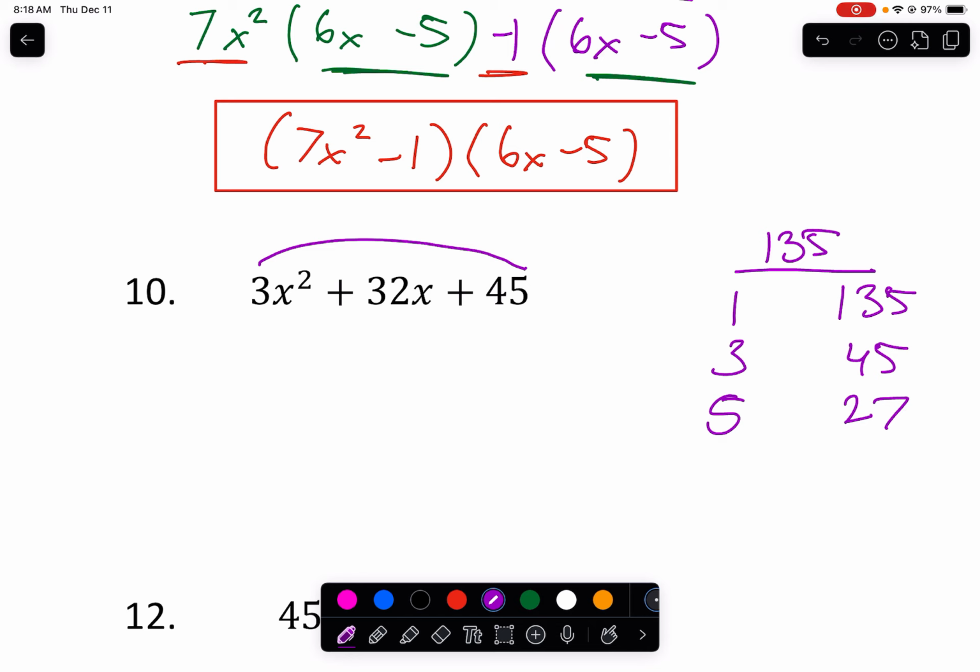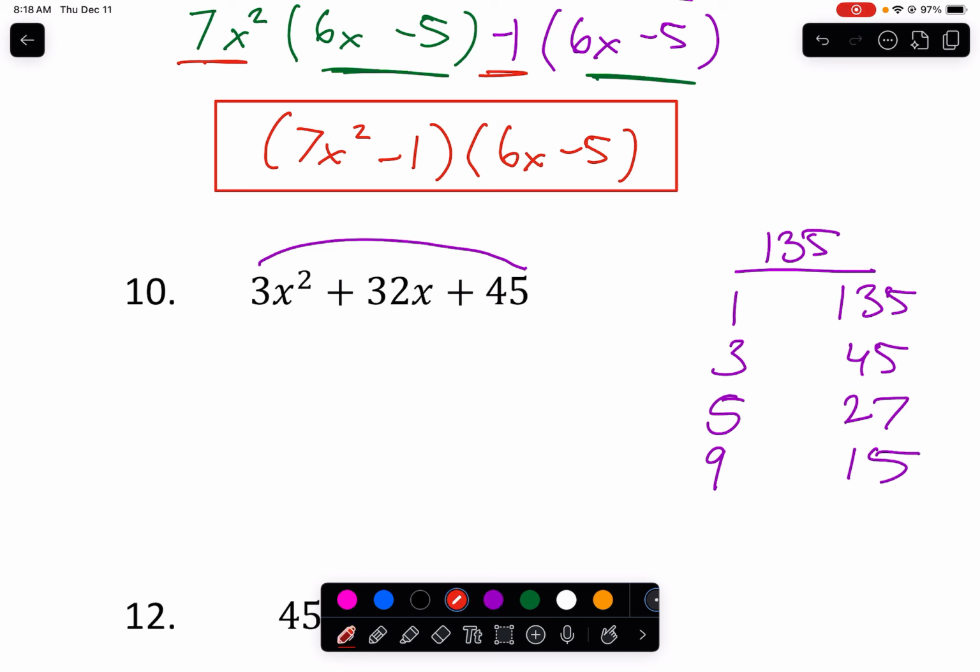And then I get 9 and 15. Let's see. 10 doesn't work, 11 doesn't work, 12 doesn't work. 13 doesn't work, 14 doesn't work, and then 15 I'm now repeating. So I found all my factors.